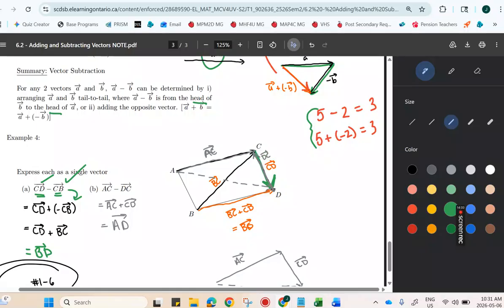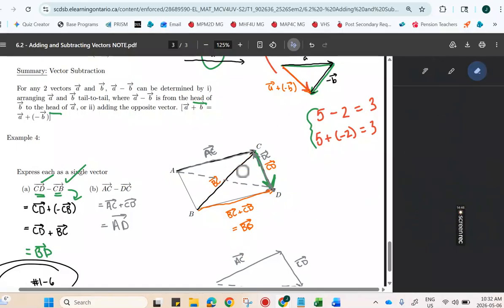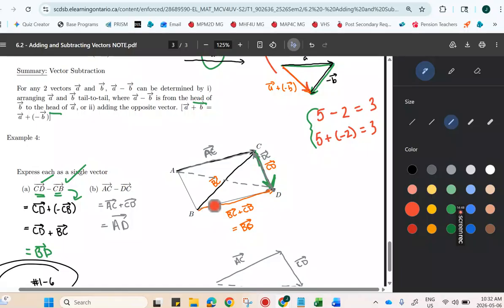CB is right there, but we're looking at adding the negative version of it, which means it's just going to be BC then. Going back to vector addition, I'm going to use blue. If you start from B to C, C to D, well, what's our resultant vector? BD. Again, same answer.